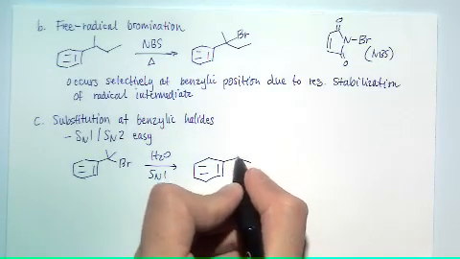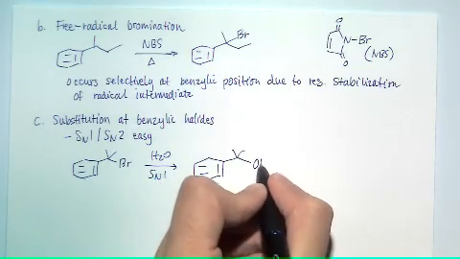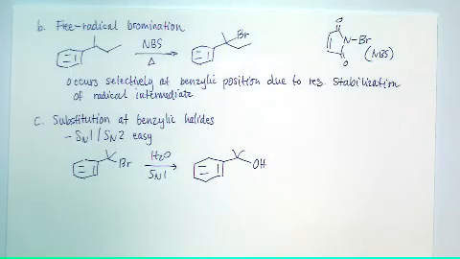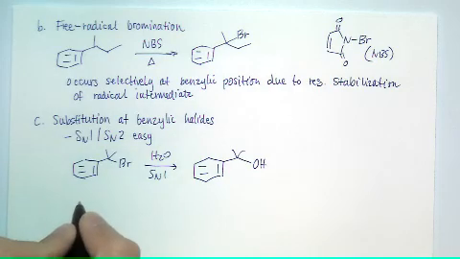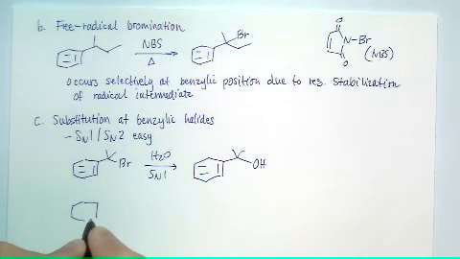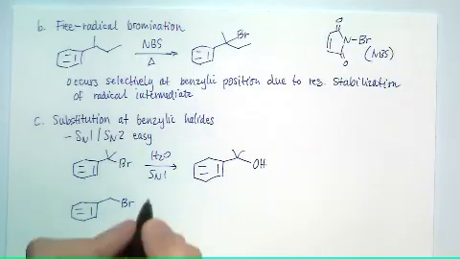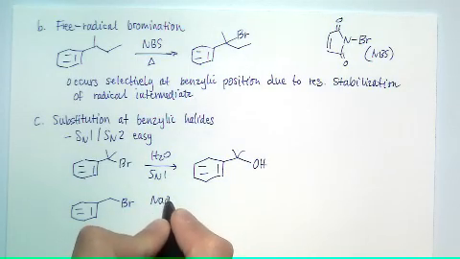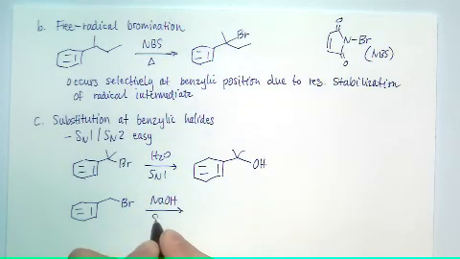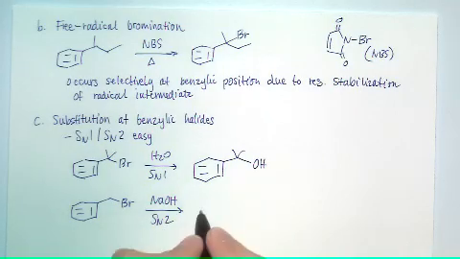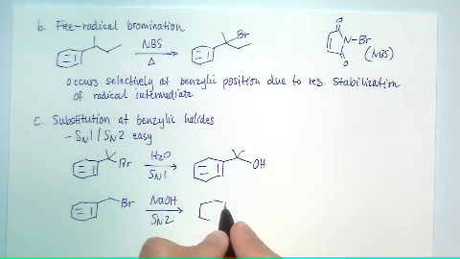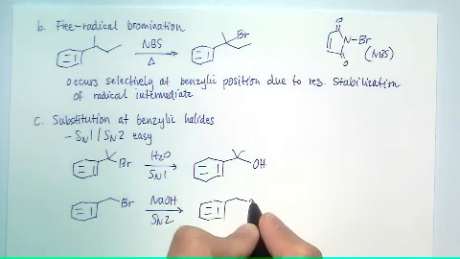We can substitute the bromide for an OH group. For SN1, we've got to have at least a tertiary alkyl halide, and we do in that case. But if we have an alkyl halide that's less substituted, then you can do an SN2 reaction and accomplish roughly the same thing.